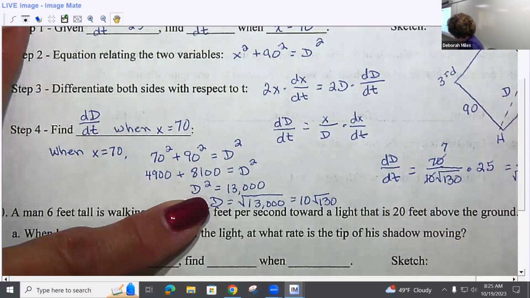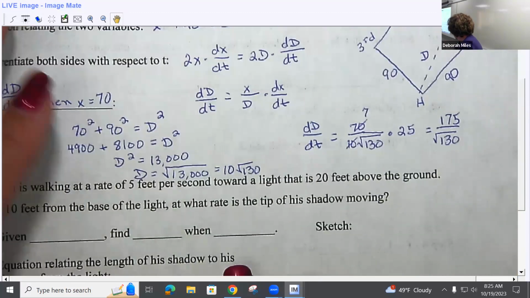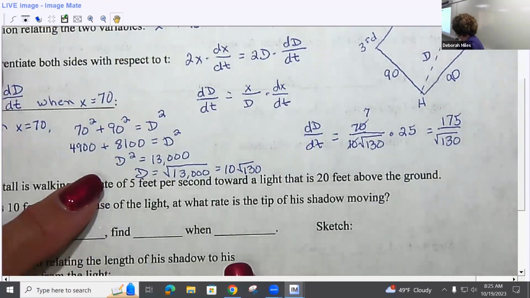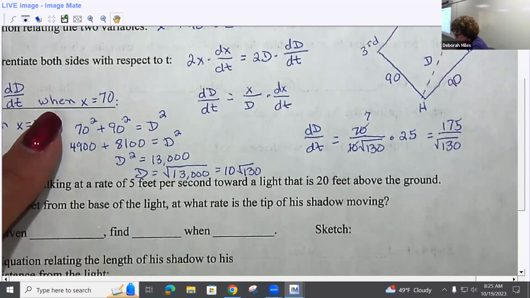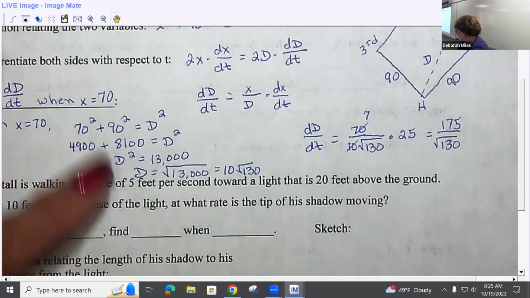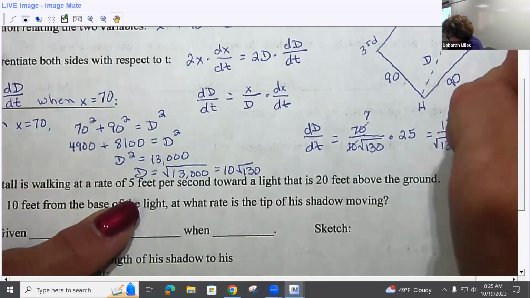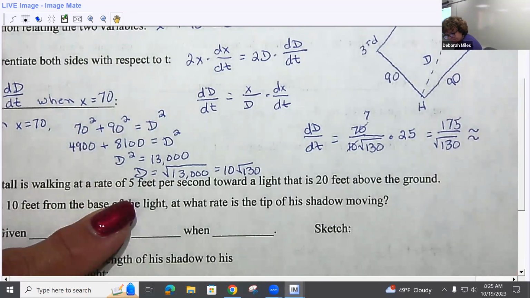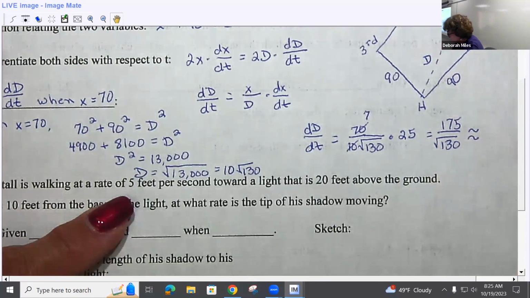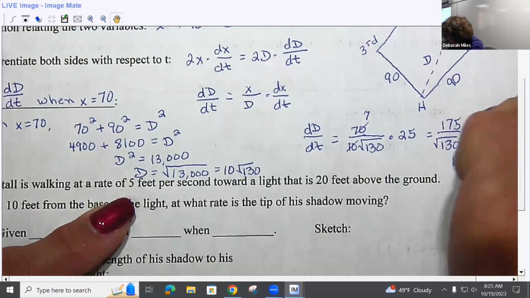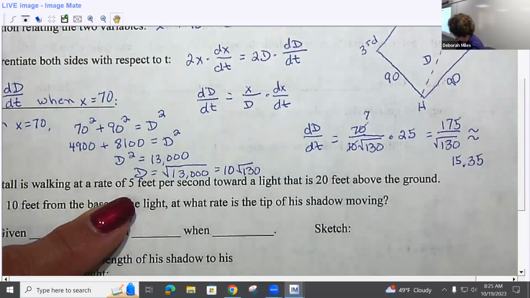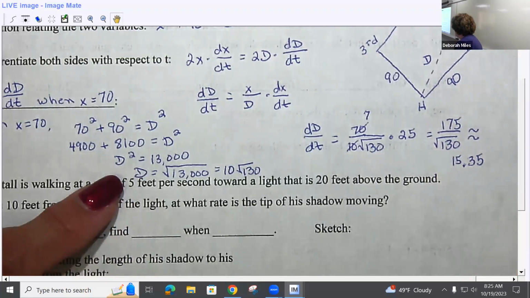And that is what I punched on the calculator: 175 divided by the square root of 130. I got darn close to, if I say round to the nearest hundredth, 15.35. What are the units on that 15.35?